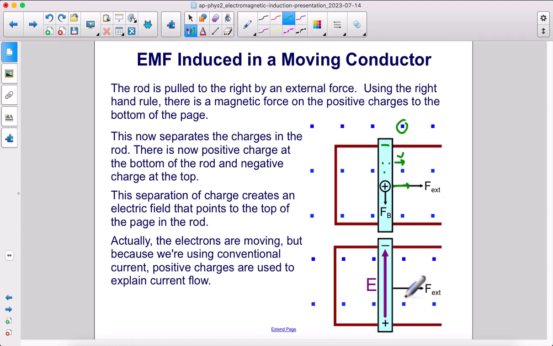This separation of charge creates an electric field that points up from the positive charges to the negative charges. And remember, it's actually the electrons that are moving, but because we're using conventional current, we can think of positive charges moving down as well.